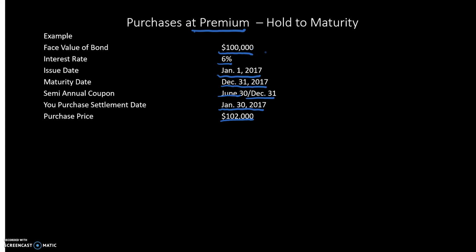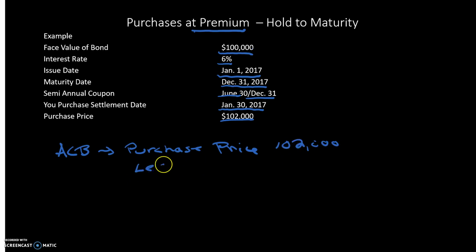Now again, we first have to calculate what our ACB is, just like in the previous example. The ACB would be the purchase price of this bond, which is $102,000. Then we take off the accrued interest that we paid, because remember, we didn't buy this bond on the actual issue date. We bought it at some point in time after.